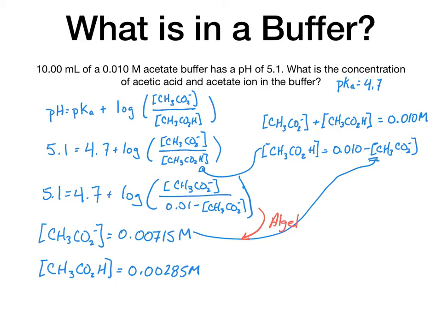If the algebra here is tricky for you, go back to the previous video, chapter 17-9, because I work through this algebra in detail in that video. The other thing that you can do is use Wolfram Alpha.